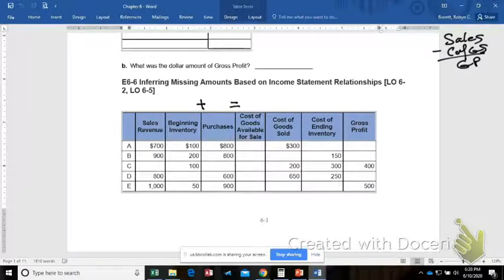Cost of goods available for sale minus cost of goods sold gives you ending inventory. And then sales, oops, I missed on my drawing my arrow there. Let's try that again. Sales minus cost of goods sold gives me gross profit.